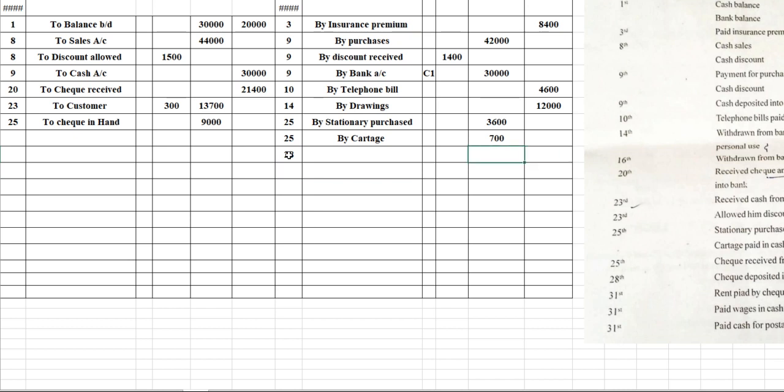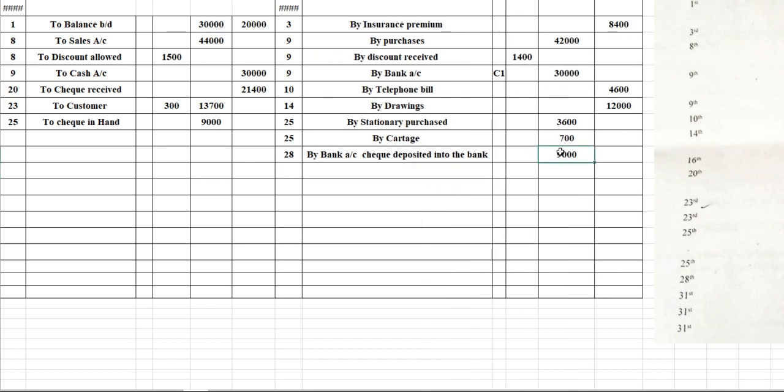That is why we have to show that 9,000 rupees is reduced from the cash. So by cash, so it is reducing by bank account. Here in the bracket, check, okay, check deposited into the bank. Okay, that 9,000 rupees should be recorded here.